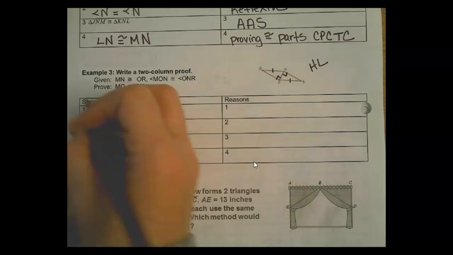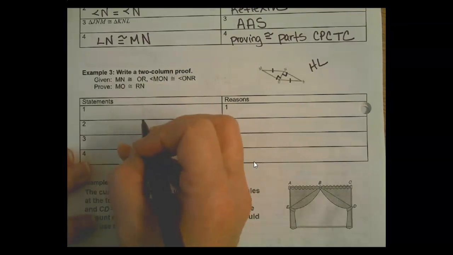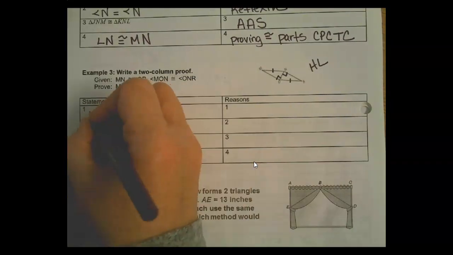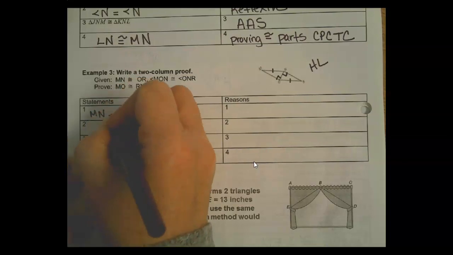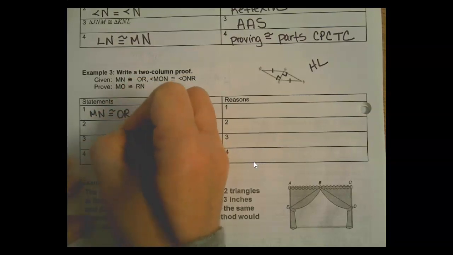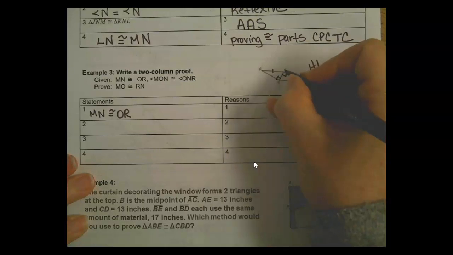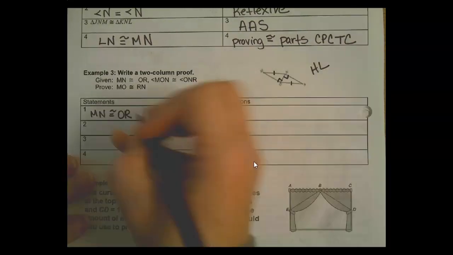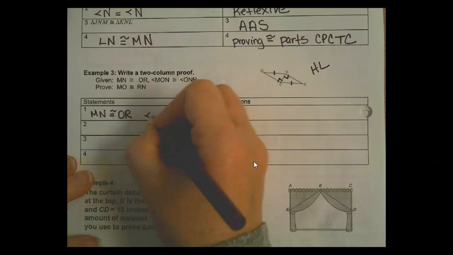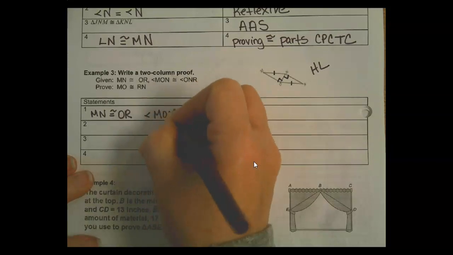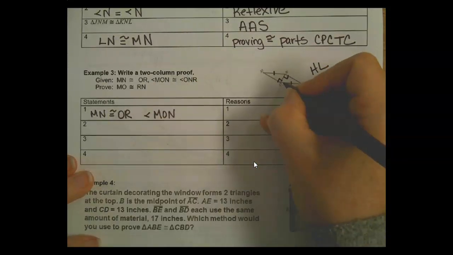So let's write down our statement here for our given. MN is congruent to OR, so that's already marked. And then angle MON, so the O is congruent with the N, because they're 90 degrees.